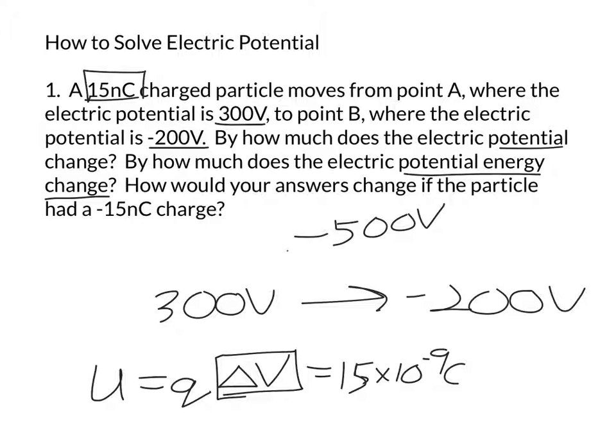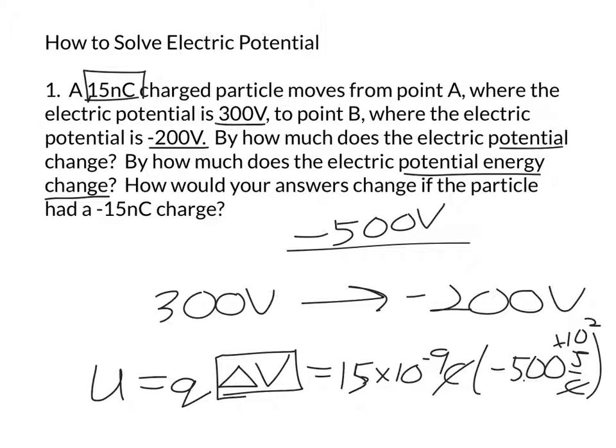The voltage change was negative 500 volts, or joules per coulomb, and so coulombs will cancel. I'm going to write this as 5.00 times 10 squared. You'll see that those two tens and those minus 9 tens go to minus 7 left over.